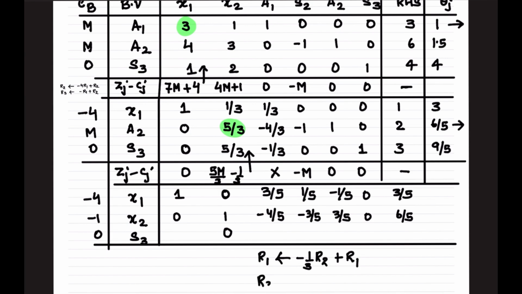So what is the operation? -5 by 3 into row 2 plus row 3. So this is 0, this is 0. -5 by 3 gives you 4 by 3. 4 by 3 minus 1 by 3 is 3 by 3. 3 by 3 is 1. -5 by 3, 1. 1 plus 0 is 1. So -1 plus 0 is -1. This is 1. -5 by 3 minus 2 plus 3 is 1.